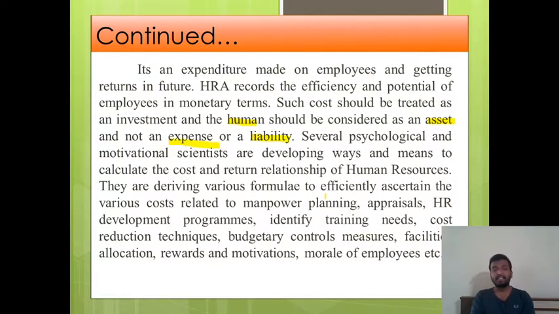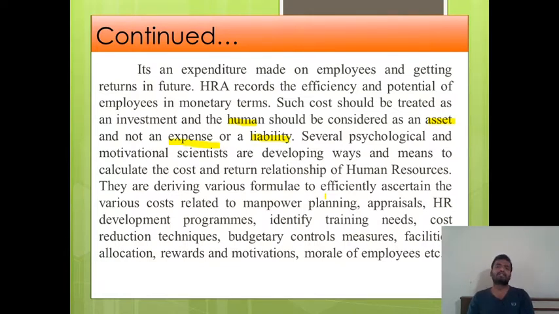The expenditure which a corporate world made on the employees, that expenditure, that cost, is recorded in human resource accounting. On that expenditure, the corporate or the business expects something from that employee, in the form of profit, in the form of increasing the sales volume, or in any way.